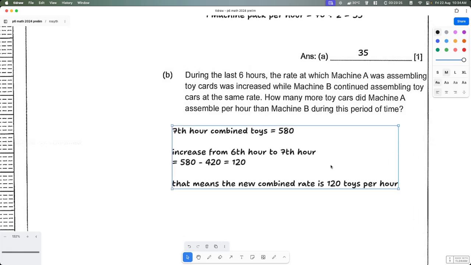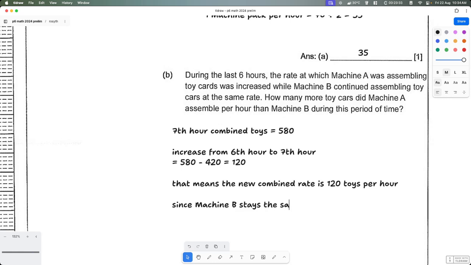Okay, so now, since machine B stays the same at 35 toys per hour, machine A's new rate is equal to 120 minus 35.